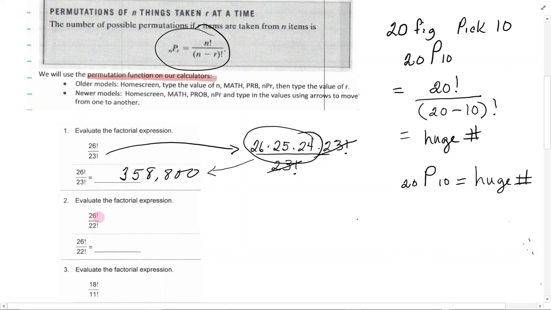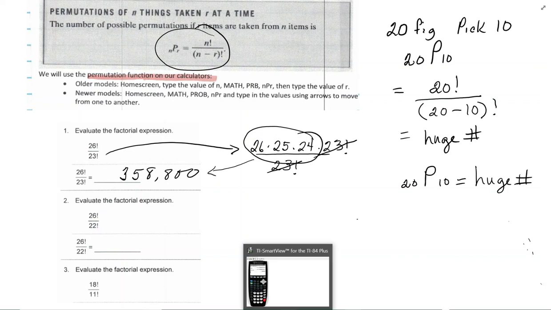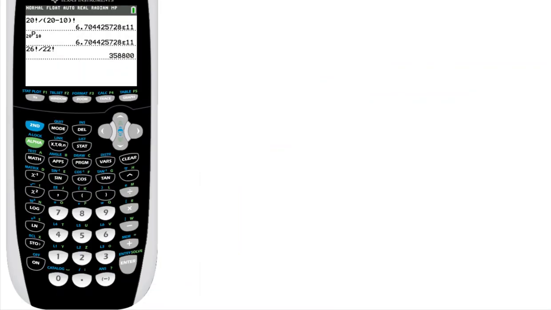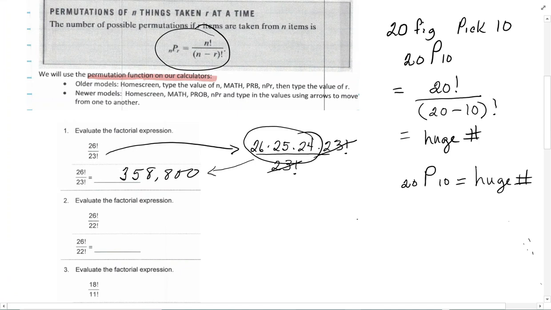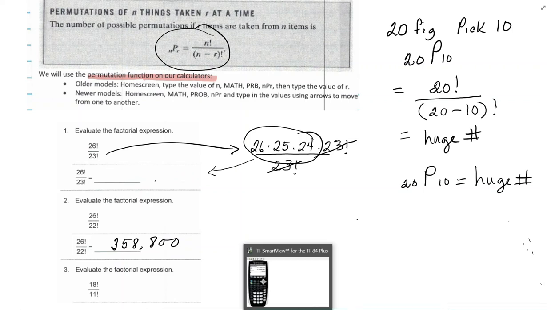All right, the next one, 26 factorial divided by 22. Whoops. I think that's what I did for this one. I'm so sorry. This is 358,800, and let's see what I get up here.